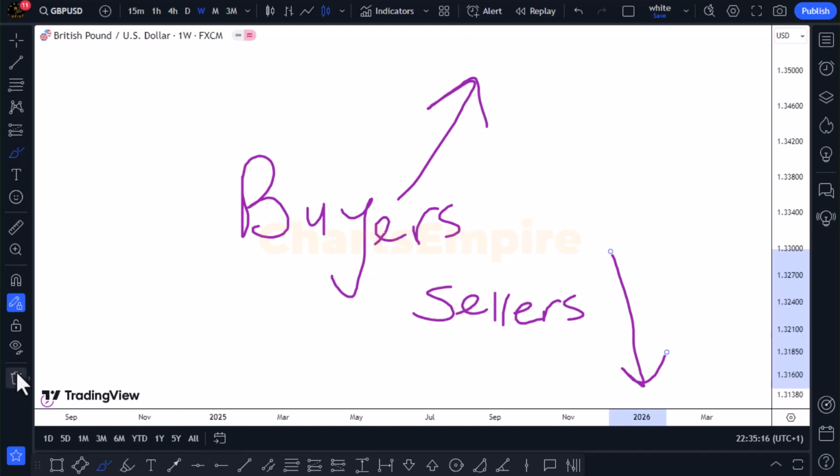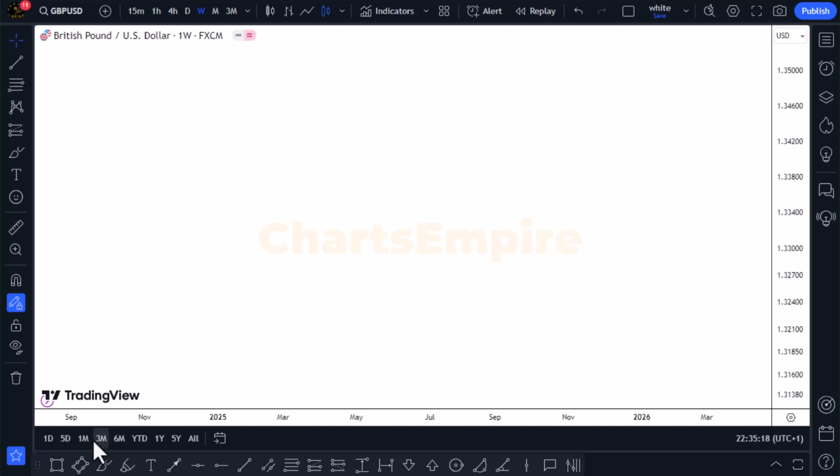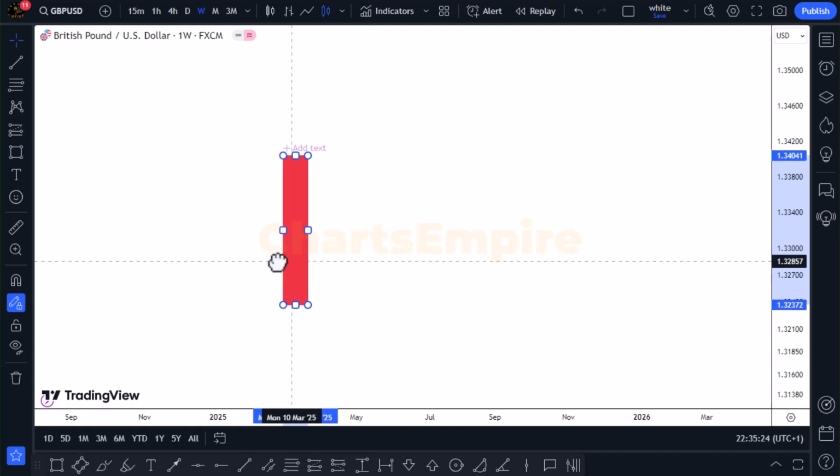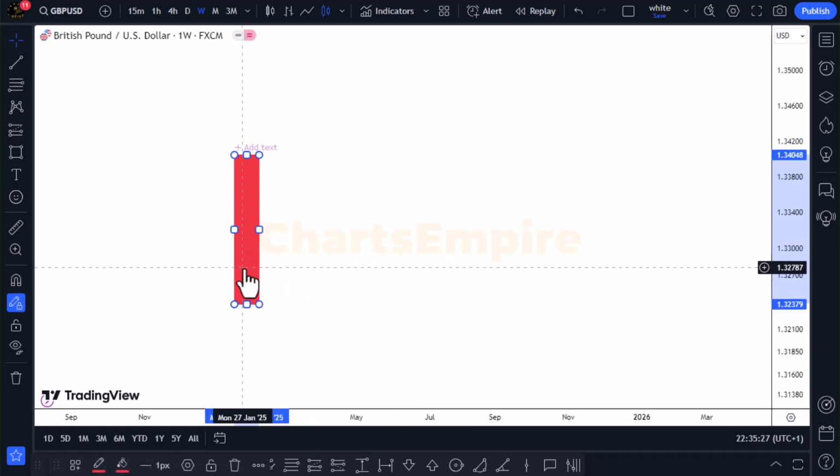So now let's wipe this out. Now we are going to form a Japanese candlestick right here. The bar right here is going to be for the sellers. You can represent your bearish candlestick with any color, but red is popularly used for bearish candlesticks, okay?